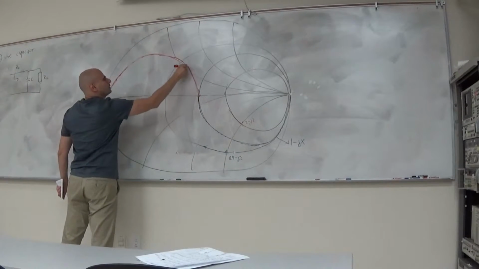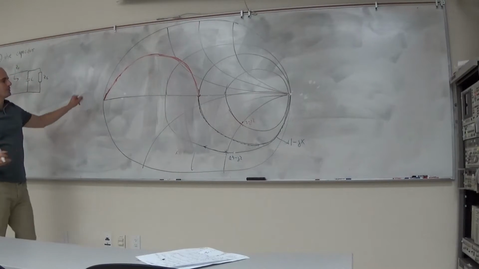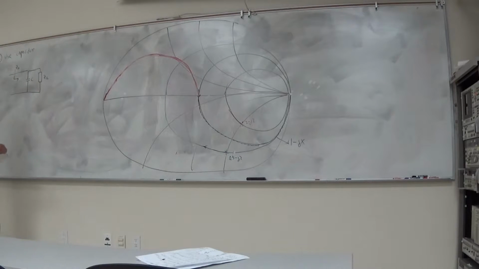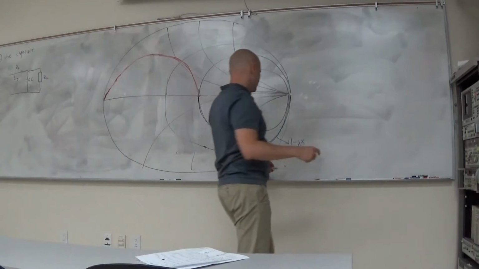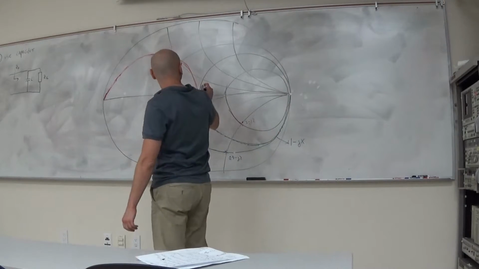Now, does it actually have to be right on these semicircles? No, because we don't design perfect matching networks. We design matching networks in the real world that fall within some VSWR circle.